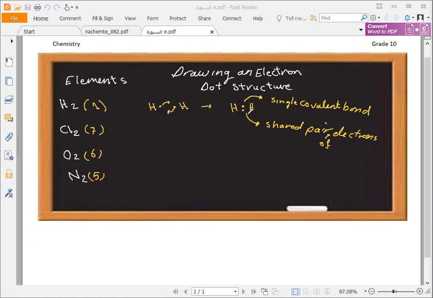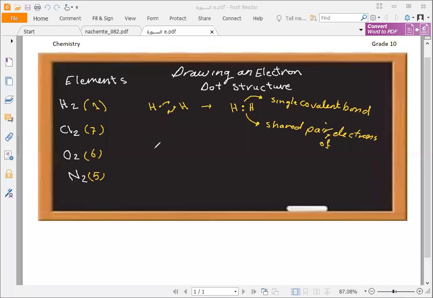And this is the dot structure of the hydrogen molecule. We can draw it like this. Okay?